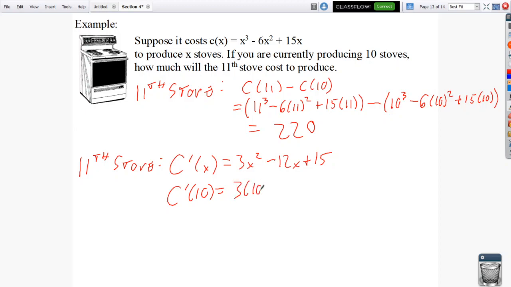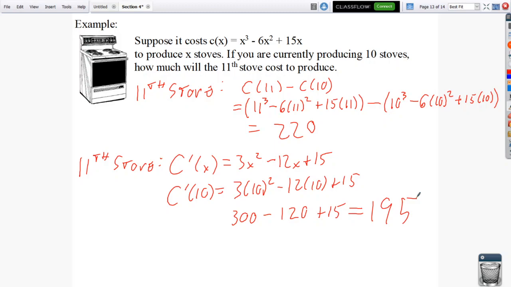I've now got 3 times 10 squared minus 12 times 10 plus 15. Okay, I'm not even going to touch my calculator here because this is going to be 300 minus 120 plus 15. 300 minus 120 would be 180, plus 15 is going to be 195.